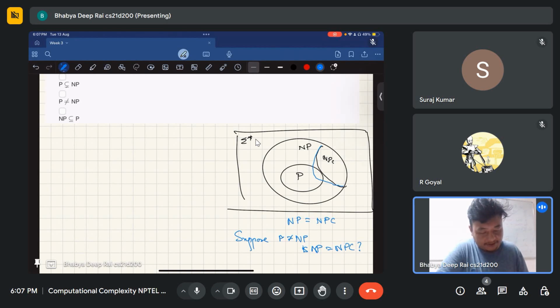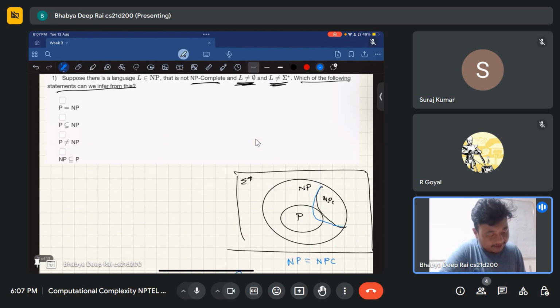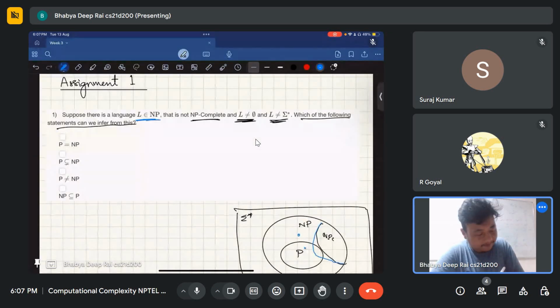But here, let's say there is a language L in NP. It is either here, or here where it is NP complete. But what they are saying is that it is not NP complete. We have come up with a language L which we can say for sure is not NP complete. It is here, not here.